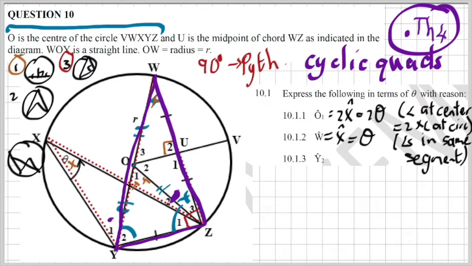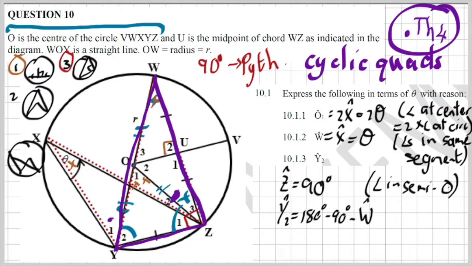If I can get Z, which I can actually do, then I can get Y2 with interior angles of a triangle. So I'm first of all going to say that angle Z is 90 degrees because of angles in a semicircle. So Y2 is equal to 180 minus 90, but remember that 90 comes from being Z, minus W.